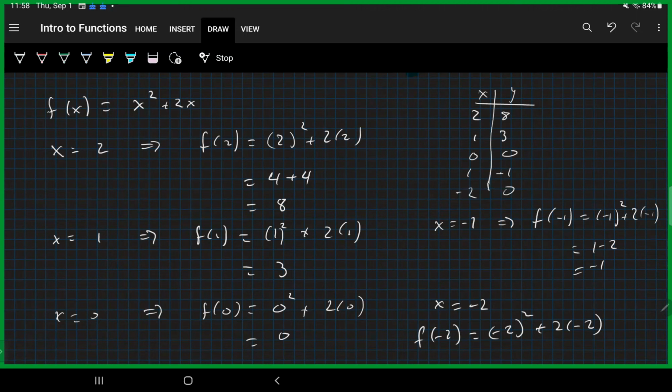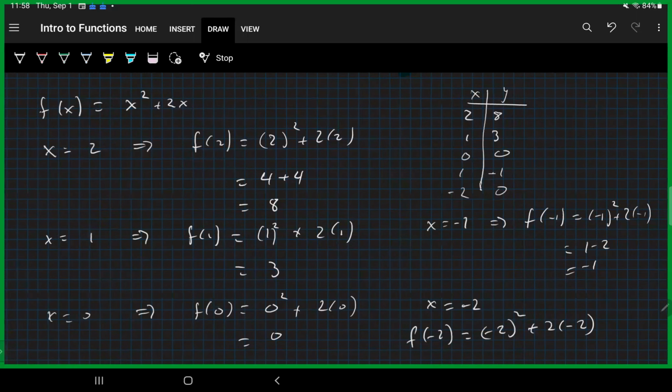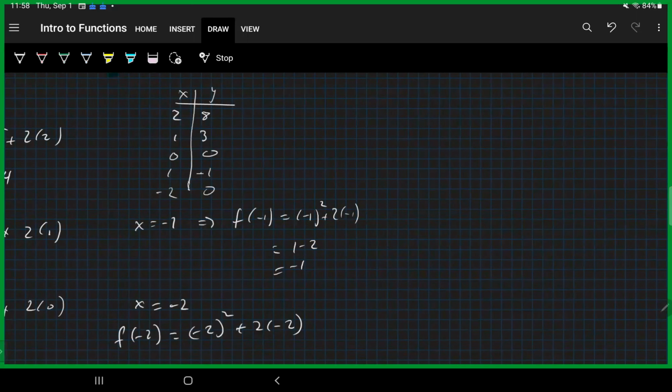So this is a function as well because each one of these inputs goes exactly to one output. We do have an occurrence here where 0 goes to 0, -2 goes to 0. Why don't we start graphing this just to make sure? I'm going to slide over this way.